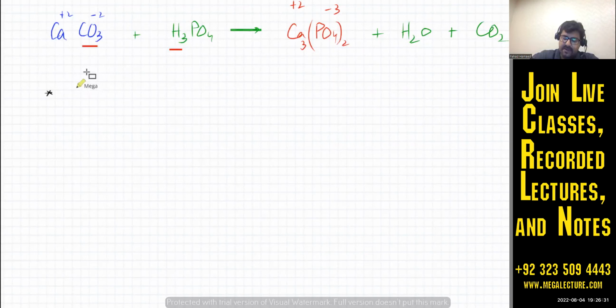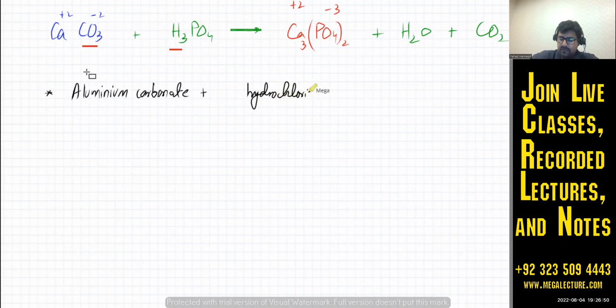I said try and make the reaction of aluminium carbonate. So it's going to be salt, water, and carbon dioxide that's going to be produced. Aluminium carbonate with, let's say, hydrochloric acid. So that's number 1. Number 2, I want potassium carbonate with phosphoric acid.